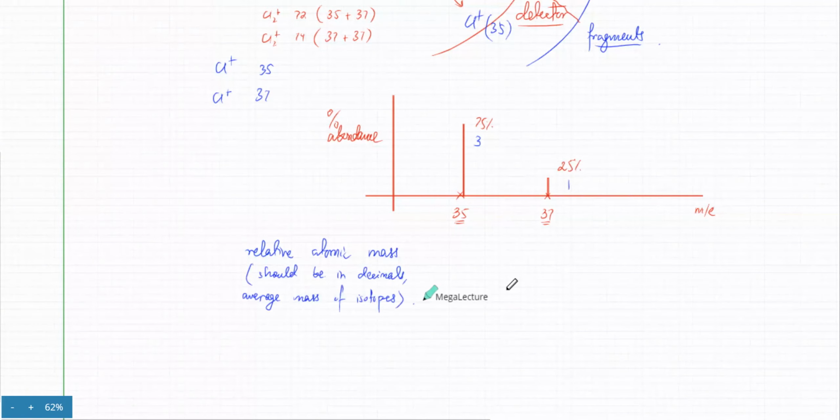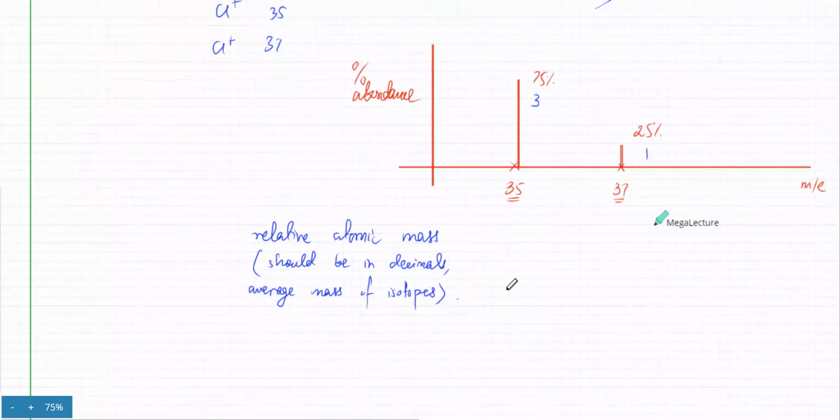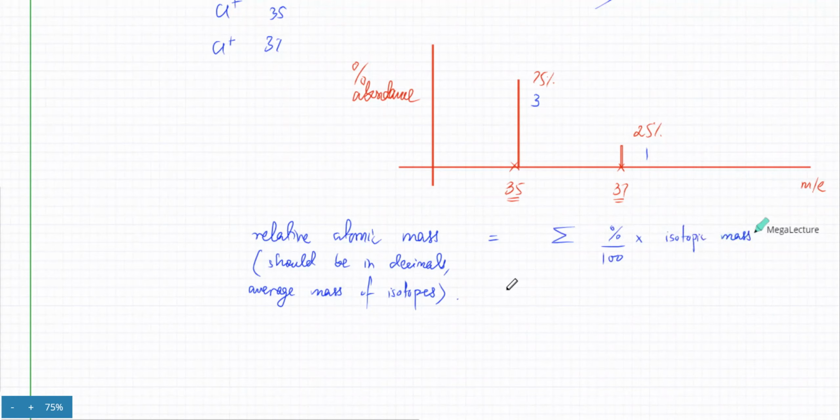The formula that you have to memorize is: you sum up the percentages divided by 100, which is known as the fractional percentage, multiplied by the isotopic mass. You sum or collect all of the terms and that's going to give you the average.